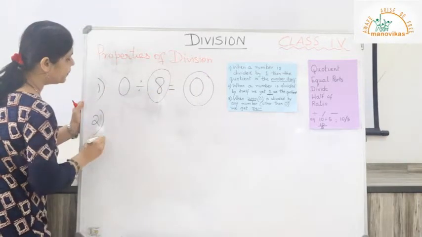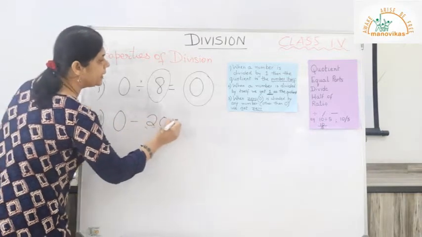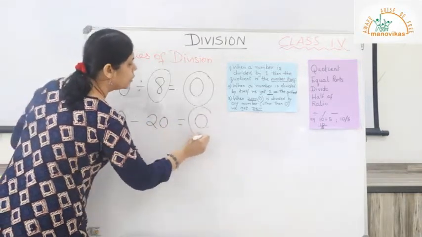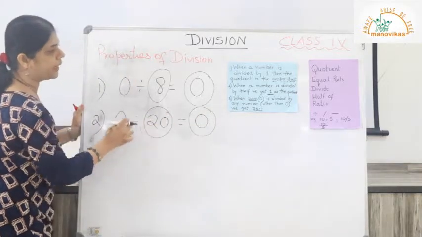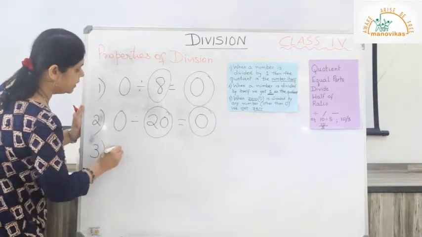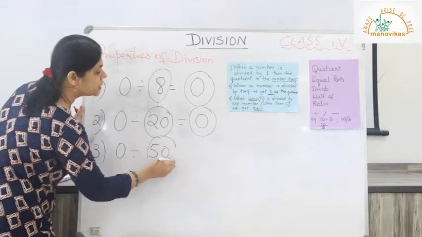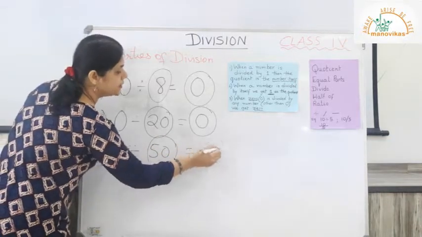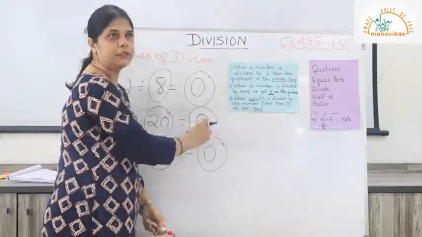The next example, 0 divided by 20 is 0. See here, this is a non-zero number, right? Other than 0. The third example, 0 divided by 50 is how much? What will be the answer? 0. So, this is the third property.